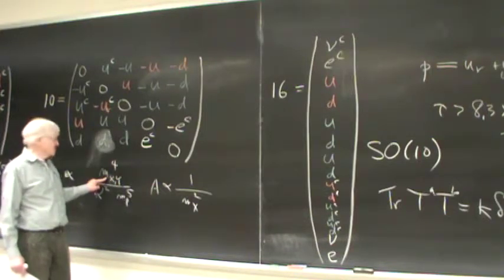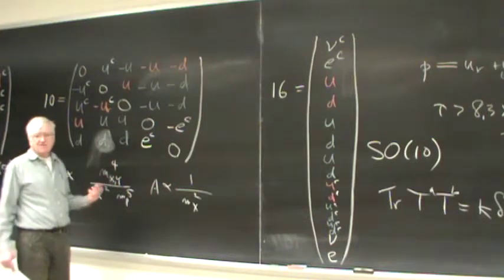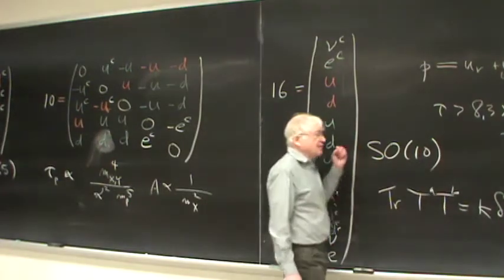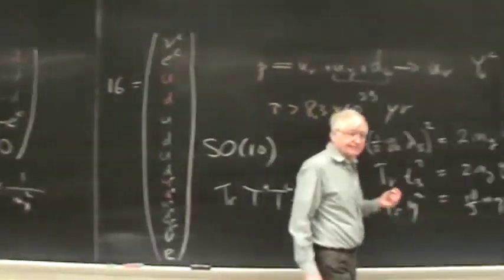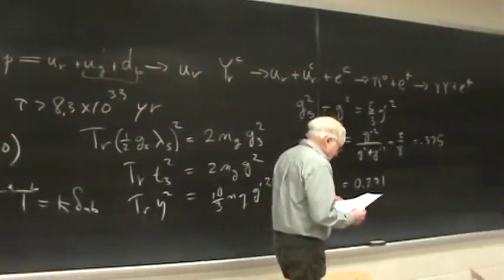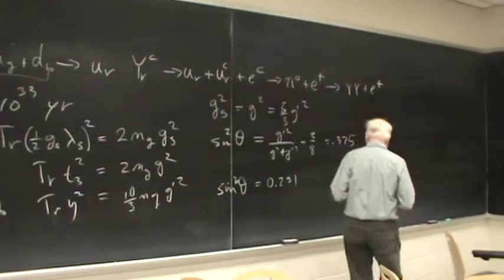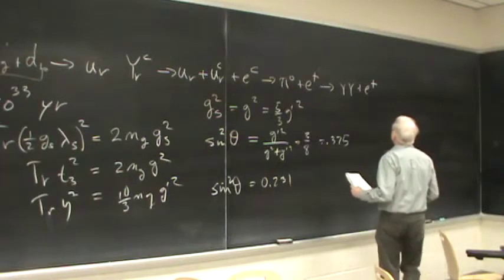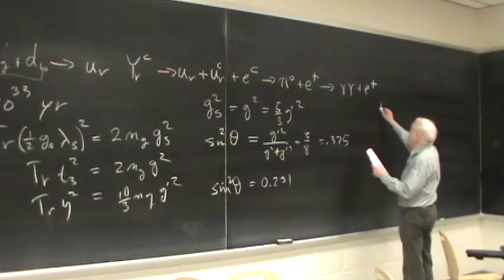In other words, an energy scale at which the X and Y gauge bosons are light. So that means that we're dealing with running coupling constants. And you remember how running coupling constants run. One can write down these equations.